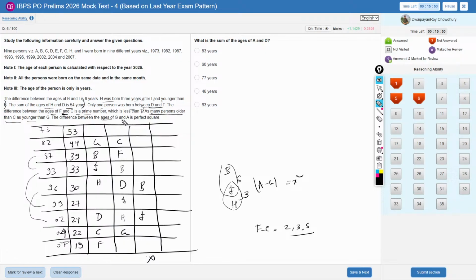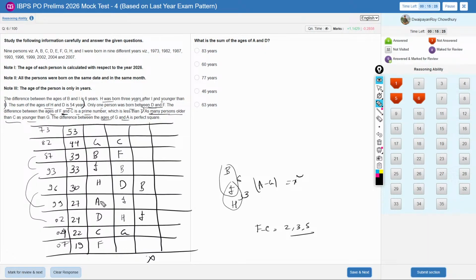The difference between the ages of G and A is a prime number. G and A 9, no, not prime. G and A 17, prime number. Here G 22, 3 is a prime number. Square of a prime number. Okay, not just a prime, but a perfect square number.